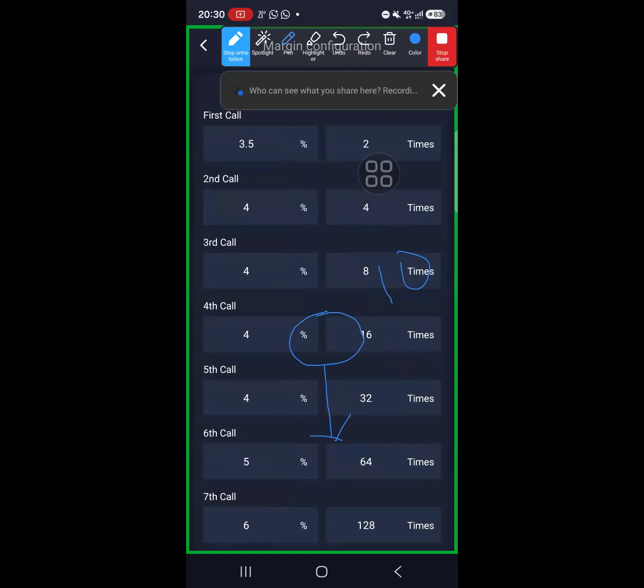It should drop. Now, with what we are having here, it means that from the point of entry where the robot bought with $10, the price must go down or it must drop with 3.5%, so that the robot is going to buy your first margin call.